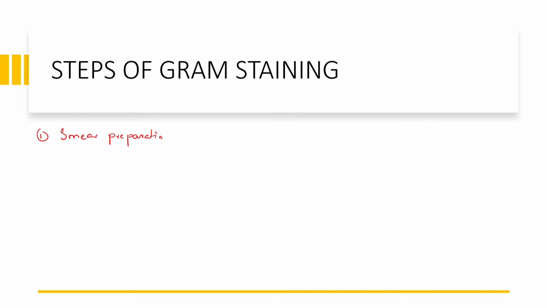Then steps of gram staining. Firstly, make the bacterial smear, which I have already told you in my previous video, how to make the bacterial smear. Then heat fix the slide by passing the slide through the flame 2 to 3 times.